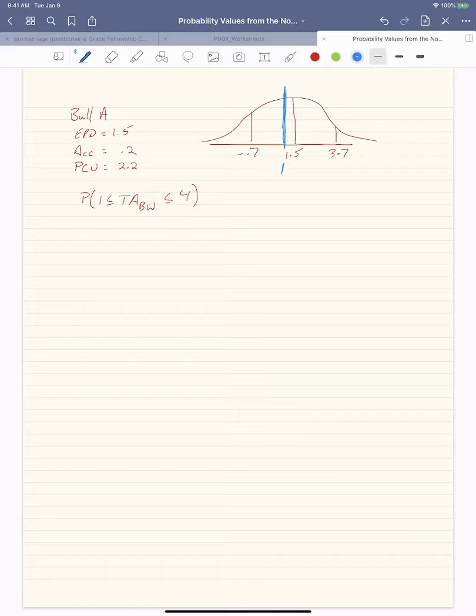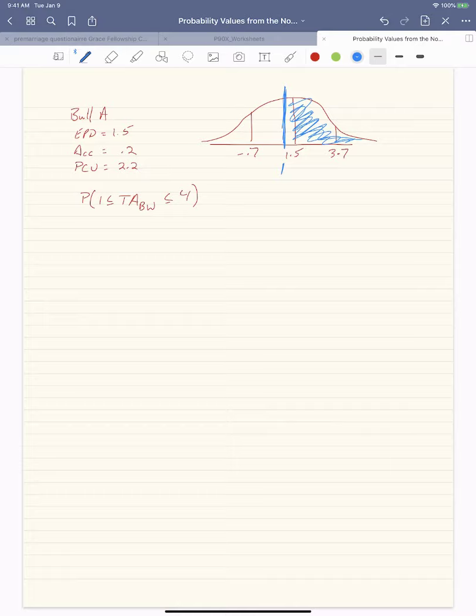So we're just going to look up the positive version, and that's going to tell us the probability under the curve to the left of the mean. However, that's not what we want. So what we're going to do is subtract that probability from 1, and that will give us this side of the mean.